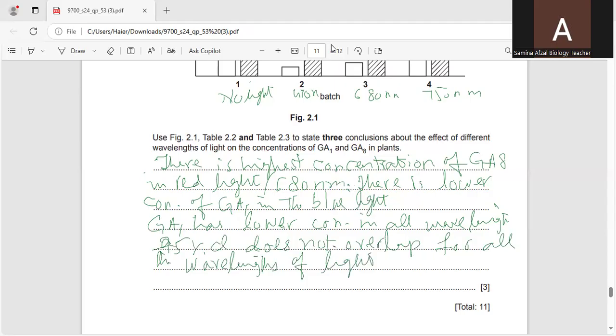So there is a significant difference between them. So it was all about the question number two.